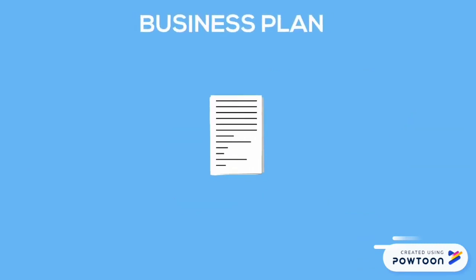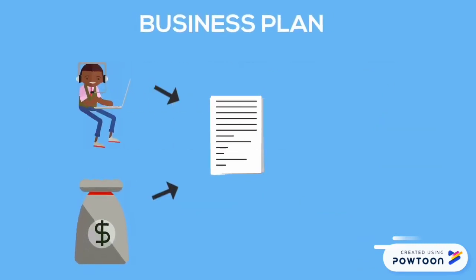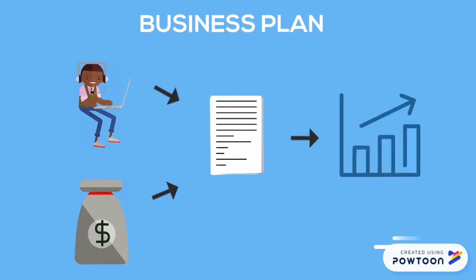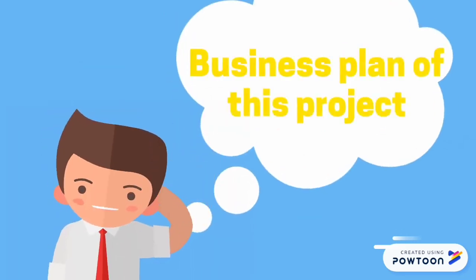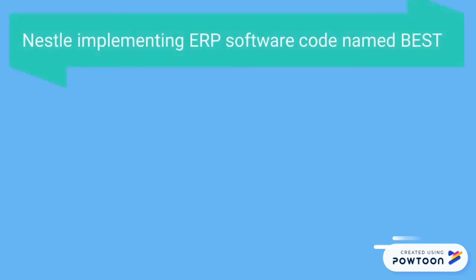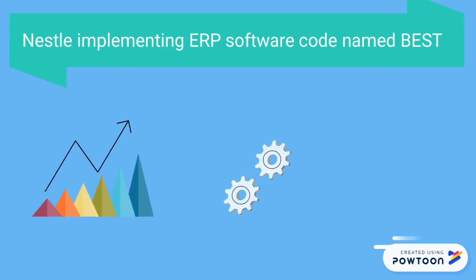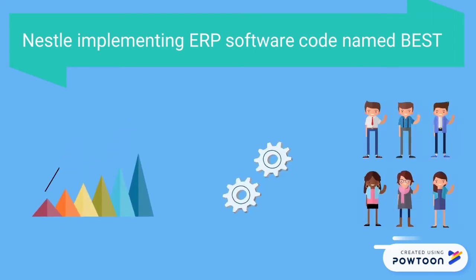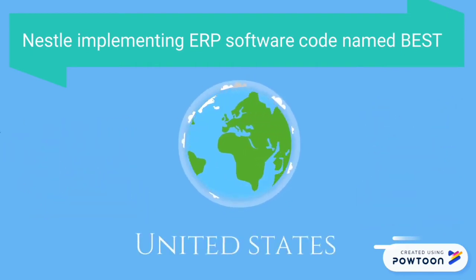Business plan is a document that summarizes the operational plans and budget, showing how the objectives are to be realized. Business plan of this project are Nestle implementing ERP, codename BEST, to use common business process, system, and organizational structure across the autonomous division within the United States.